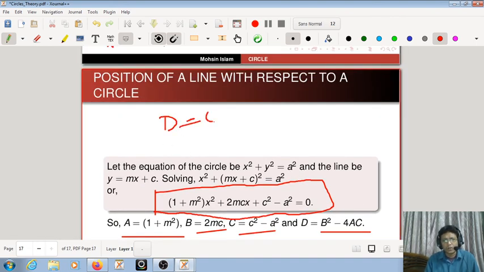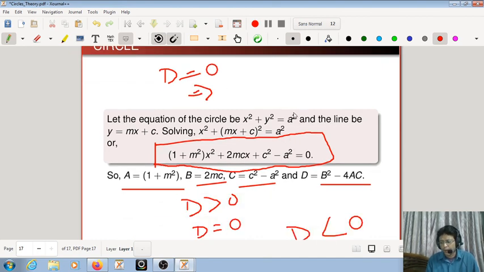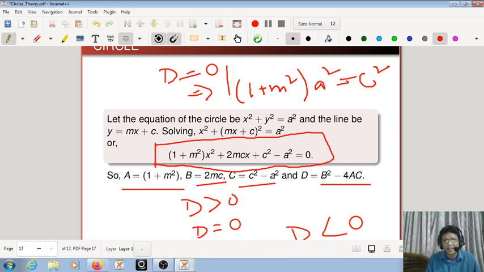So what is the condition of tangency? Discriminant equal to 0. If you get discriminant equal to 0, b² − 4ac = 0, you will get c² = a²(1 + m²). This is a very important condition, my dear students, for tangency of a circle.